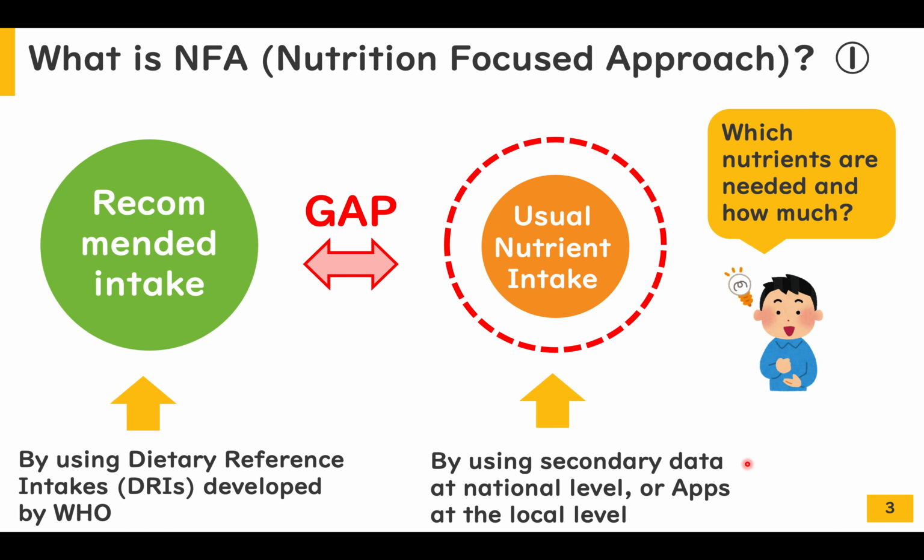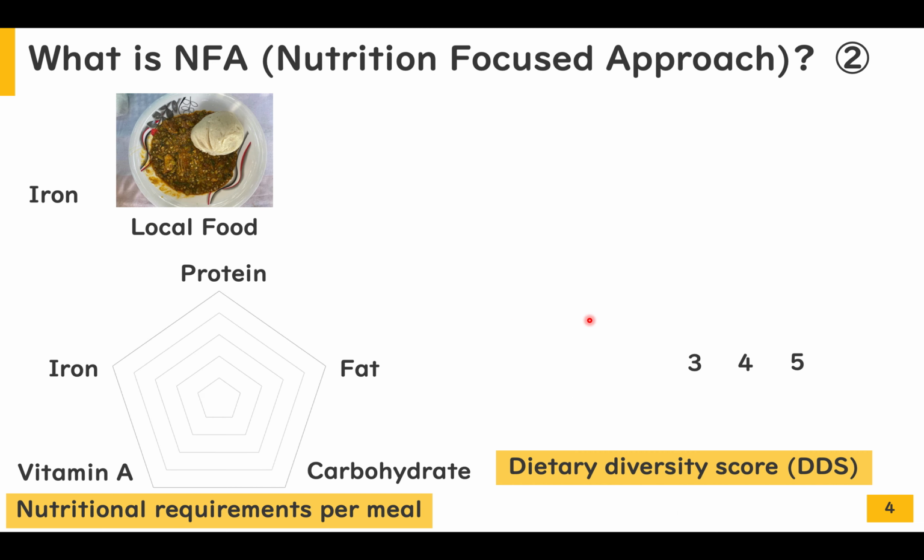Our idea for improvement is to visualize the gap between recommended food intake and the actual current diet, and based on this gap, discuss and recommend improvement of the diet. This is a simplified diagram to show the concept.